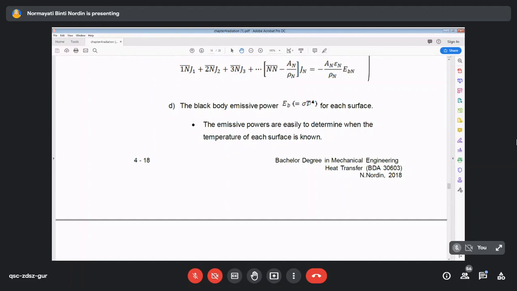Okay, if for the surfaces that you consider the temperature is known, so awak tahu nilai temperature-nya, it is easy, the black body emissive power can be simply calculated using this formulation. And you need to remember that temperature should be in absolute unit, which is in Kelvin. So just multiply the constant with the temperature that you know the value of, so that you can calculate the black body emissive power.